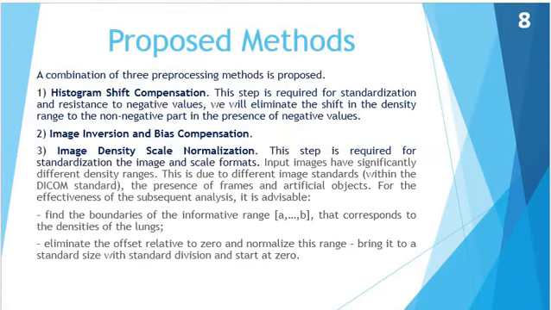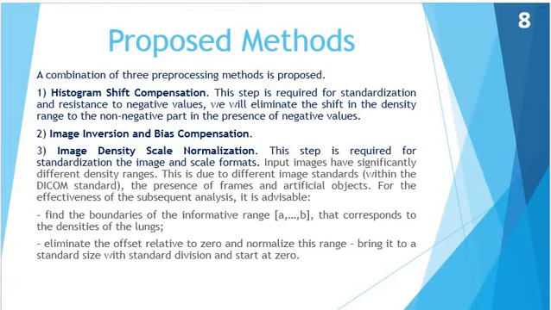A combination of three preprocessing methods is proposed. Histogram shift compensation. This step is required for standardization and resistance to negative values. We will eliminate the shift in the density range to the non-negative part in the presence of negative values.